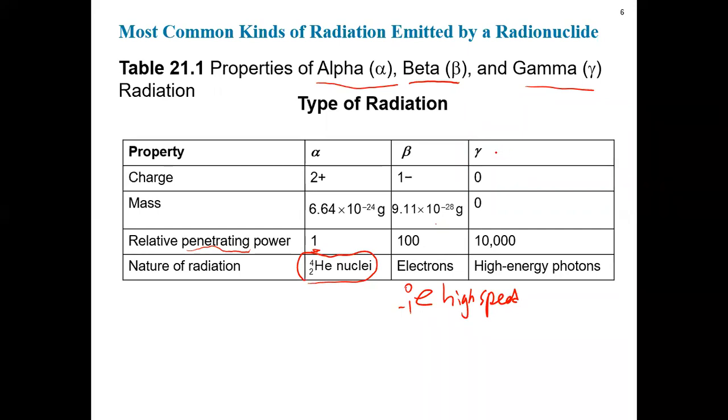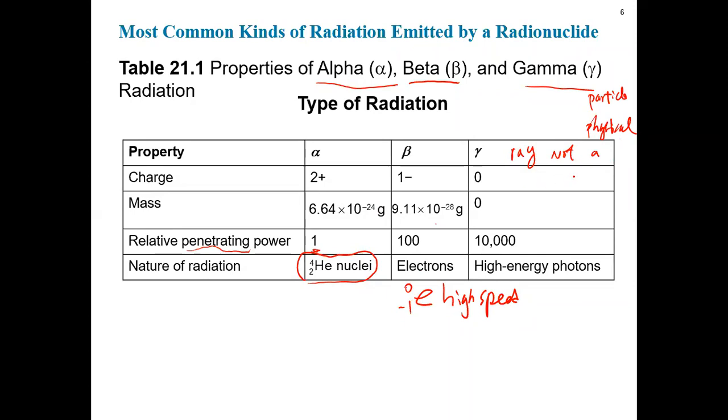All right, the last one is the gamma ray. This is not really a physical particle. It doesn't have mass. Things like an atom, electron or molecule we can call particles.